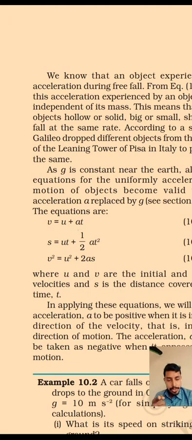This equation was discussed in the previous class. These equations are important for calculations in gravitation as well as motion. In the chapter motion and gravitation, these three equations are important. You should learn these three equations by heart, and you have to know every term.